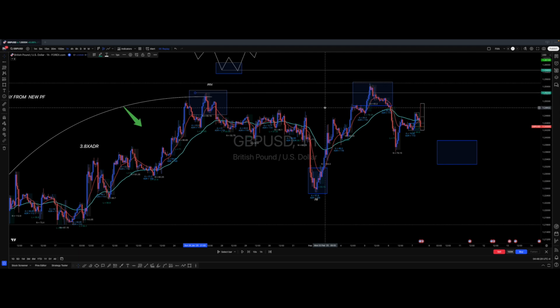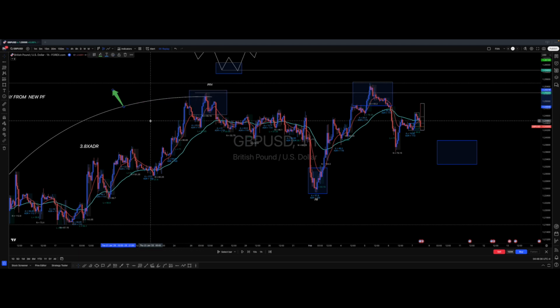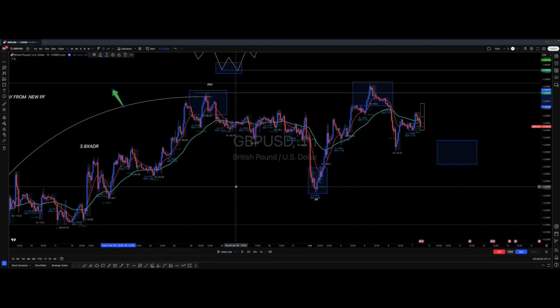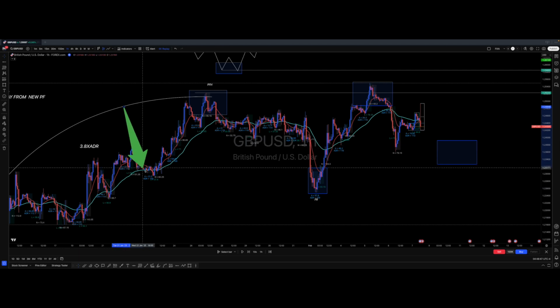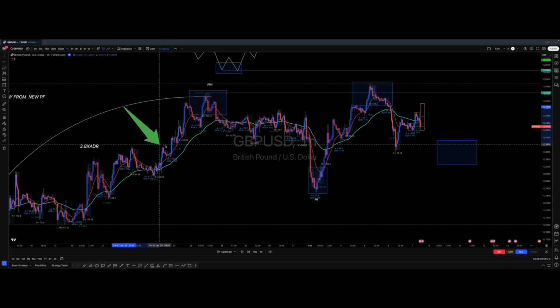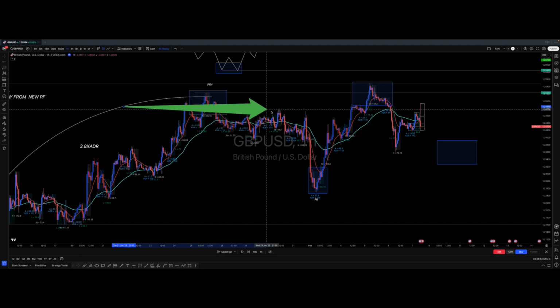And this is on purpose because there's a bunch of orders that are sitting on top of this. Orders are sitting on top of every peak and every low in the market. So for example, there's orders sitting above this, there's orders sitting above this, there's orders sitting here, there's orders all over this.